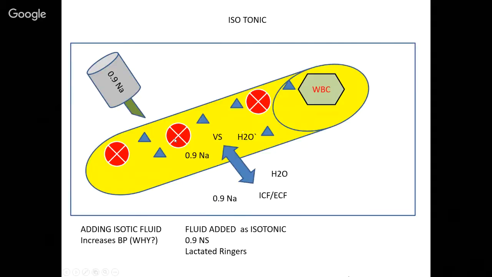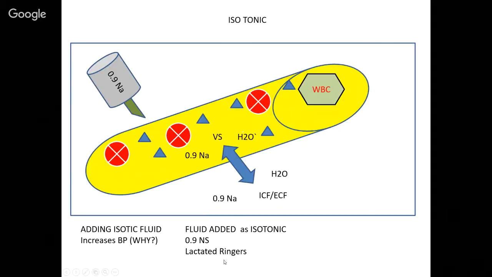Okay, the next piece is the kinds of fluid we add to create and keep an isotonic environment in the blood vessel and in the system: 0.9 normal saline, or NS, and lactated ringers. One thing I added to this slide deck that wasn't in the notes from our pathophysiology class is what exactly lactated ringers is.